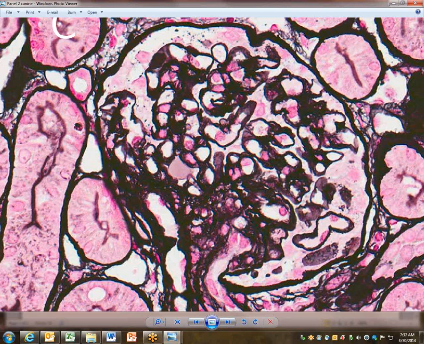If it's this equivocal, Jeremy, I usually like to see some kind of reaction around the outside. I like to see multi-lamination of Bowman's capsule basement membrane, or maybe a little bit of fibrosis right out here. If it just looks like one tiny pinpoint area that's touching, I probably would ignore it.